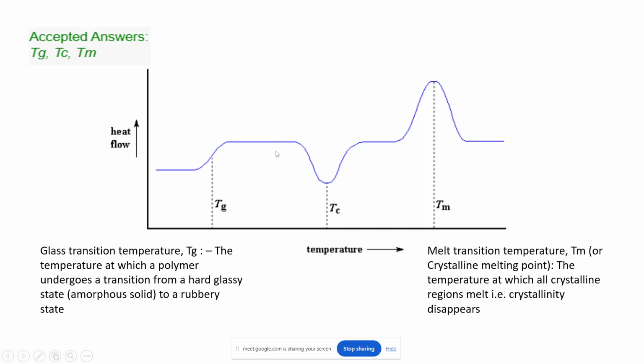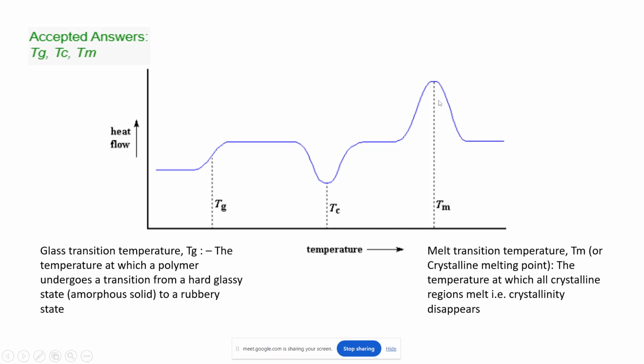So if there is a polymer and you continue to heat it, continue increasing the temperature, then first you'll have a glass transition temperature at which the polymer undergoes from a hard glassy state to a more rubbery state, and then there is a crystallization temperature above which it loses its crystallinity.